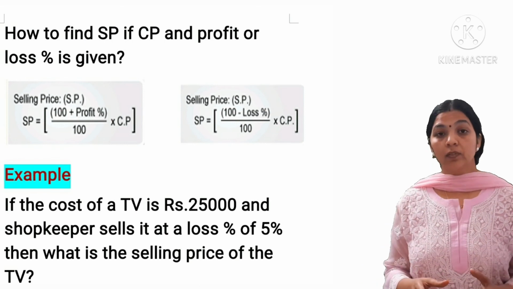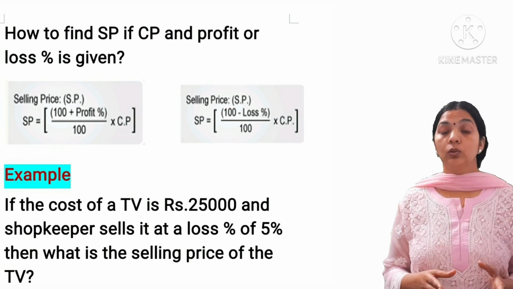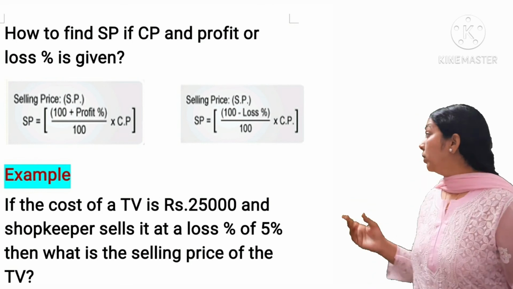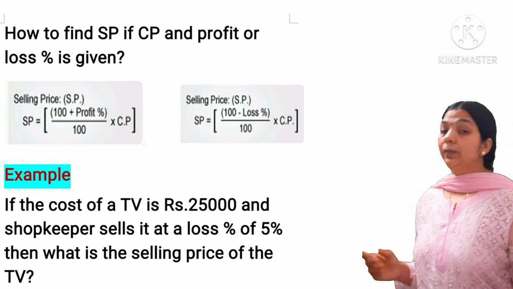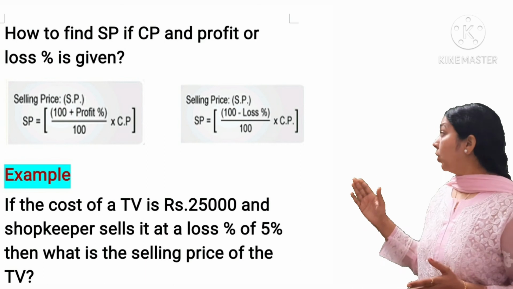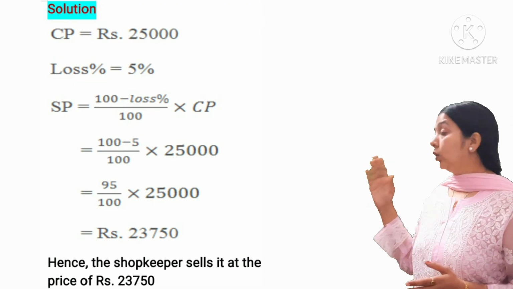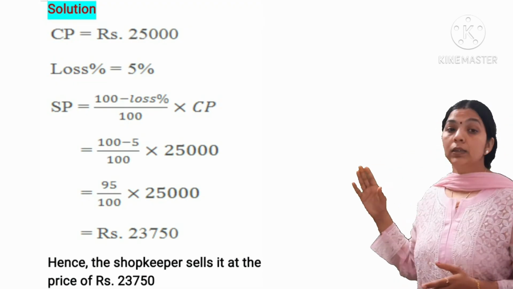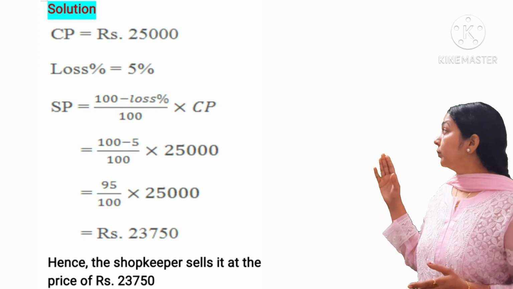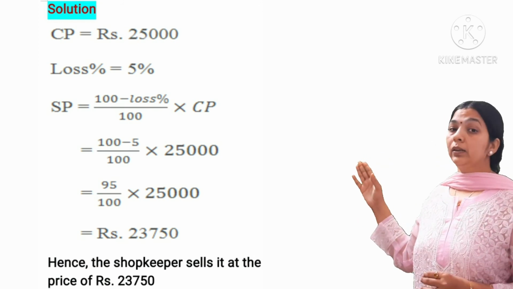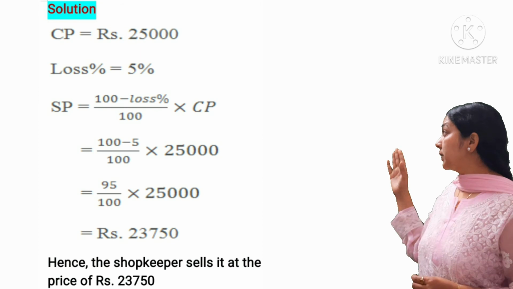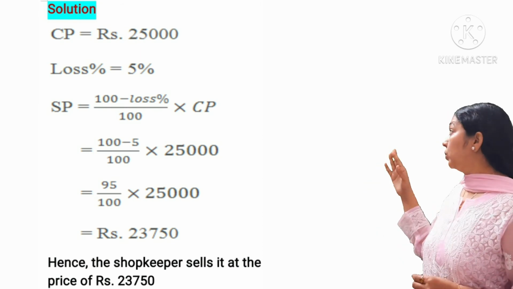Loss percentage is given to you, cost price is given to you. What we have to do? We have to calculate the selling price. So cost price is equal to 25,000, loss percentage is equal to 5%, selling price is equal to, now we can directly use the formula (100 minus loss percent) divided by 100 into CP.